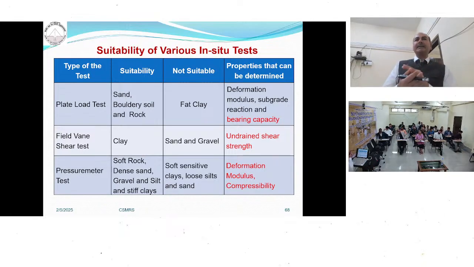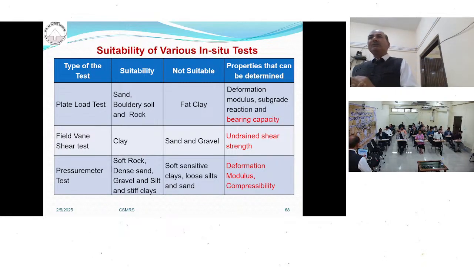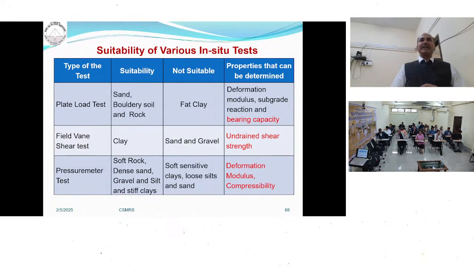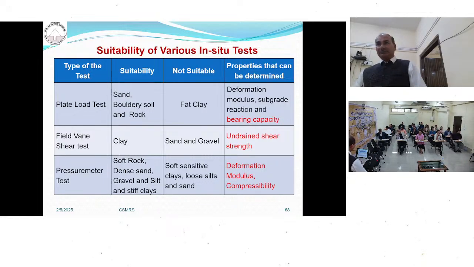You cannot conduct the SPT test, the dynamic cone penetration test or the static cone penetration test, and your depth is around 10 meters, up to which you cannot conduct the PLT test. Then what will you do? You have to characterize the strata and provide some strength data to the designer. In that case, the pressure meter test will rescue us.